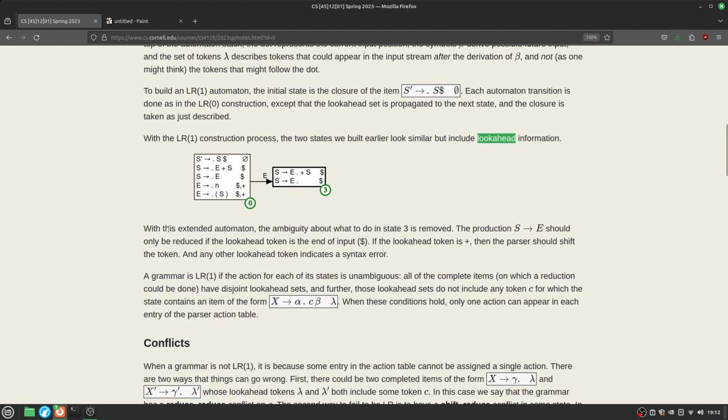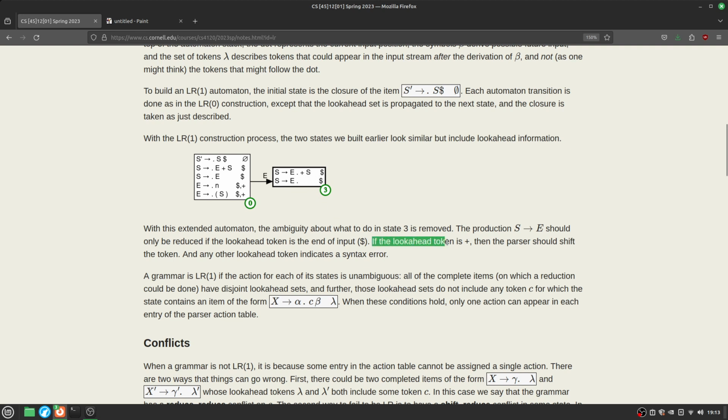Let's keep reading. With this extended automaton, the ambiguity about what to do in state 3 is removed. The production S tends to E should only be reduced if the look ahead token is the end of input symbol. Okay.